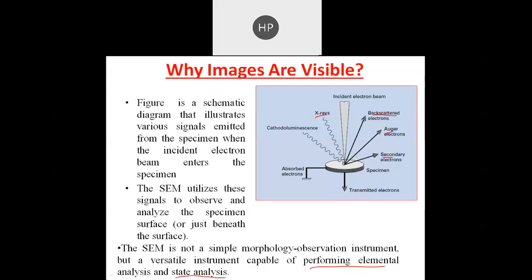It gives element analysis as well as state analysis of the specimen. By using all these electrons, the SEM analysis produces an image, and from that we are able to get a depth image.